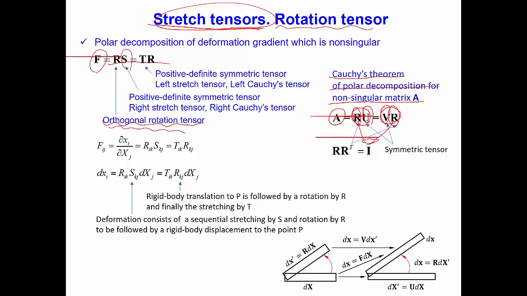S is called the right stretch tensor or right Cauchy tensor, while T is called the left stretch tensor or left Cauchy tensor. Both stretch tensors are positive definite and symmetric. This equation can be expressed again like this using indicial notation.